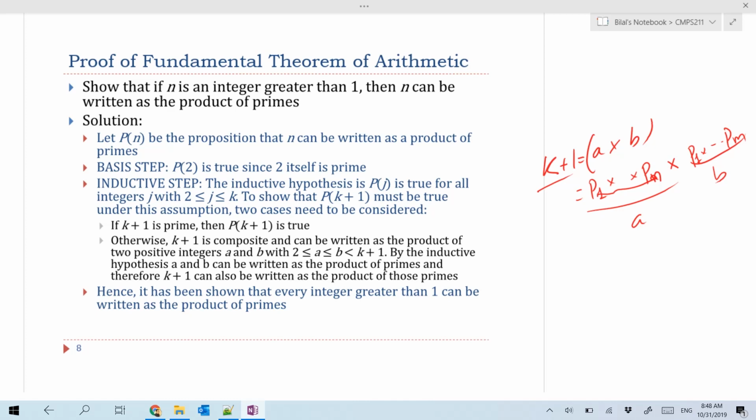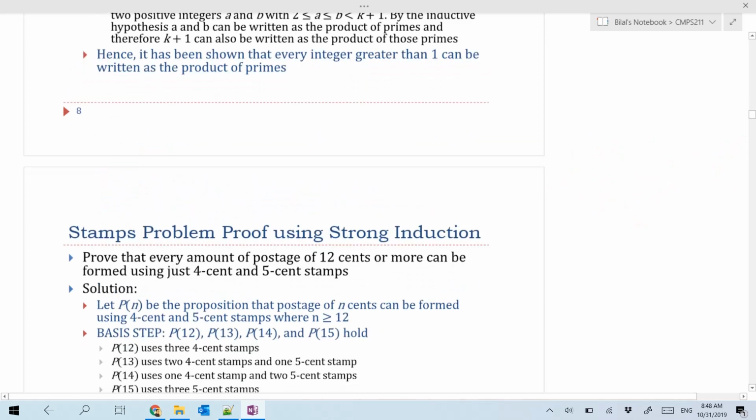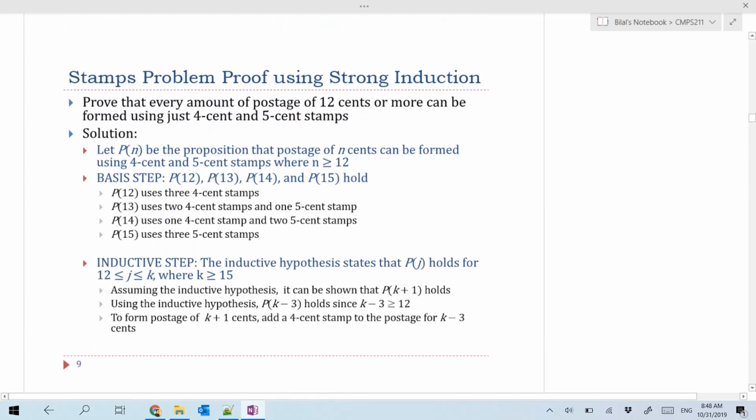Good. Any question about this example? Okay. So let's use it to prove a weird property, which states that every amount of postage of 12 cents or more, 12, 13, 14, 15 cents, can be formed using just 4-cent and 5-cent stamps.